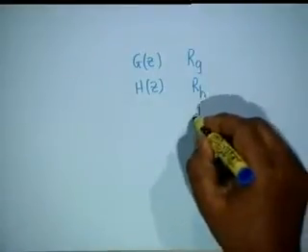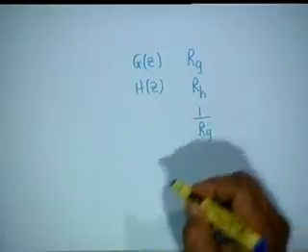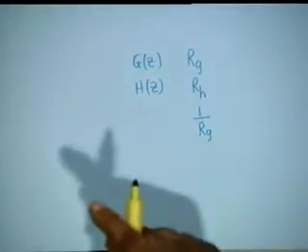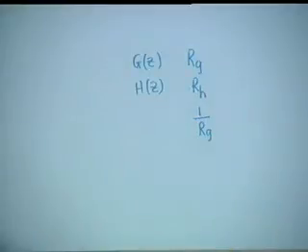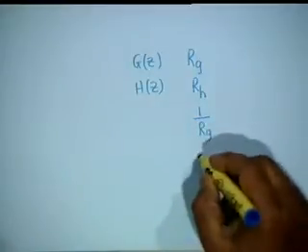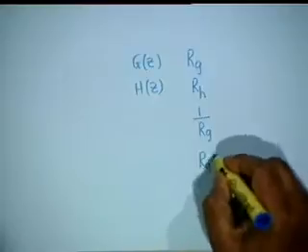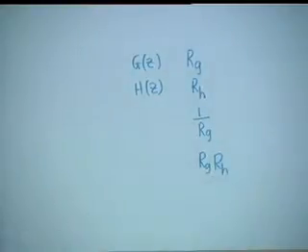Then we also use the notation 1 by Rg, in which 1 by Rg2 less than or equal to mod Z less than or equal to 1 by Rg1, and then also the meaning of Rg Rh, that is Rg1 Rh1 less than or equal to mod Z less than or equal to Rg2 Rh2.